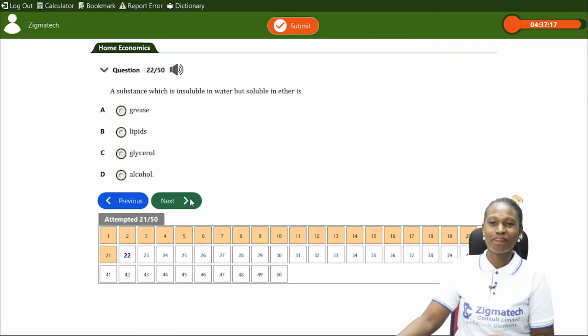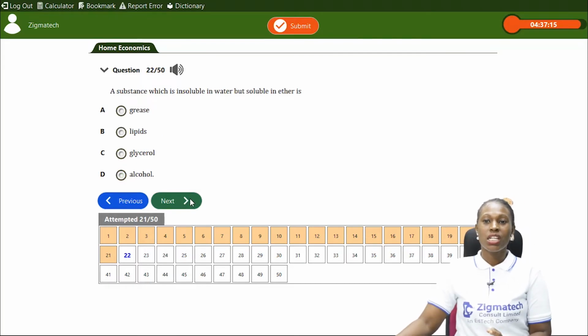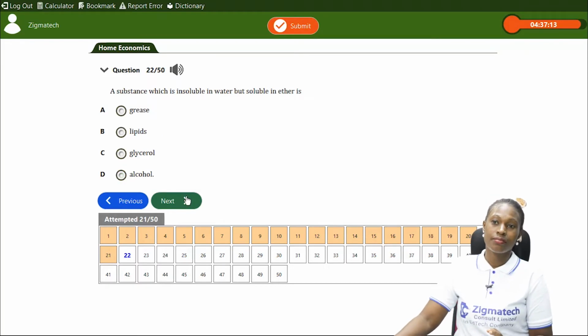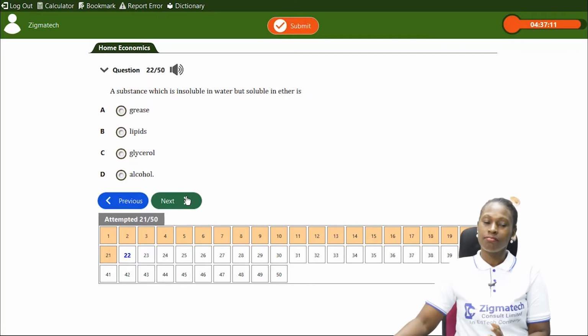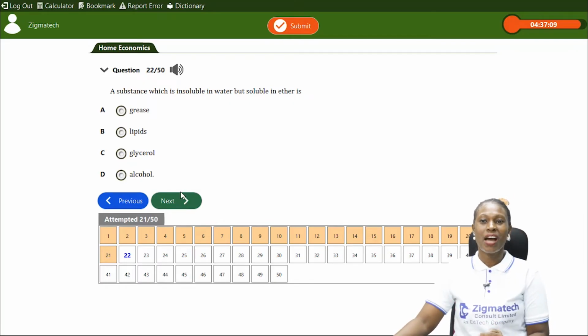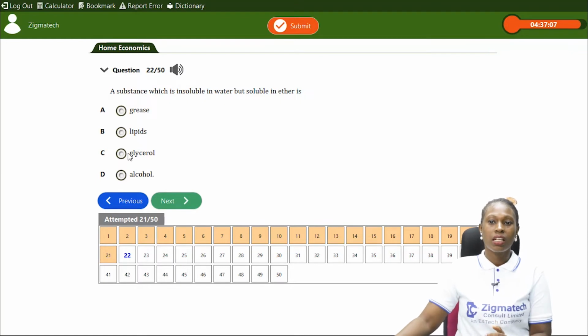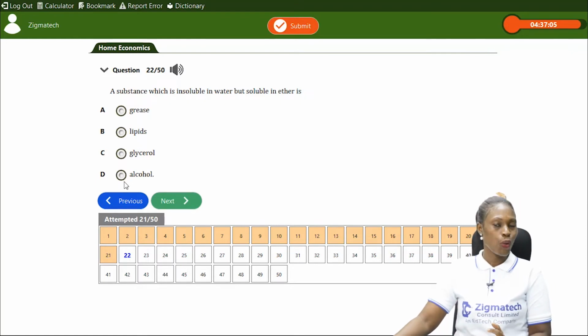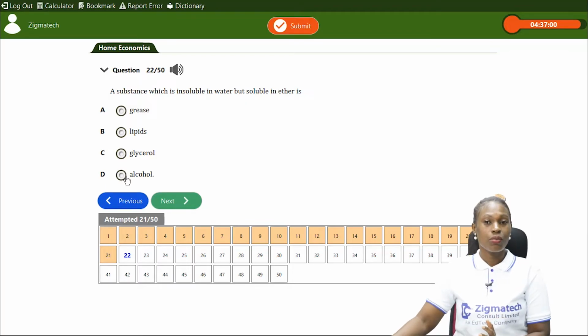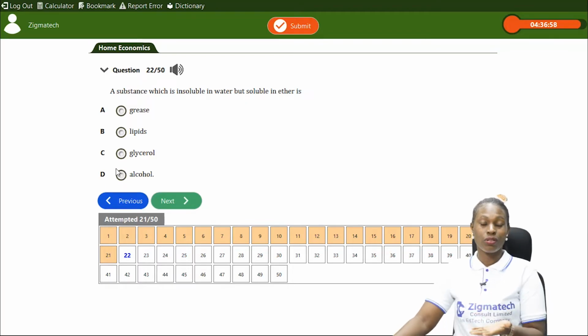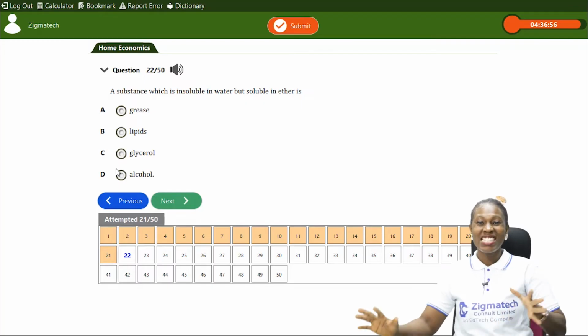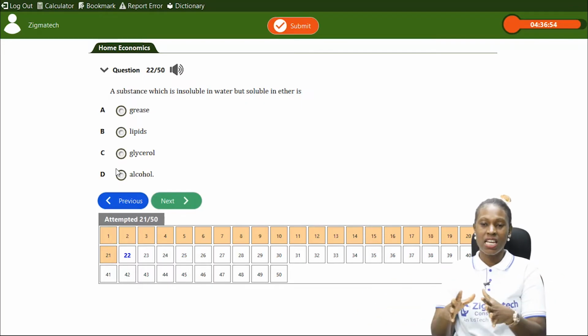Let's look at the next one. A substance which is insoluble in water but soluble in oil is what? We have grease, we have lipids, glycerol, and we have alcohol. Now, you know, when something is insoluble, that means it doesn't dissolve, it doesn't accommodate, it doesn't fit in.